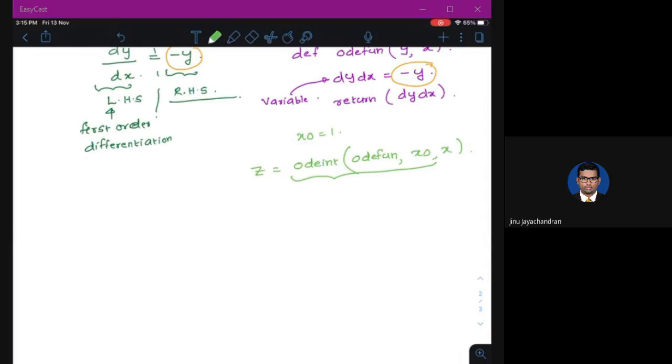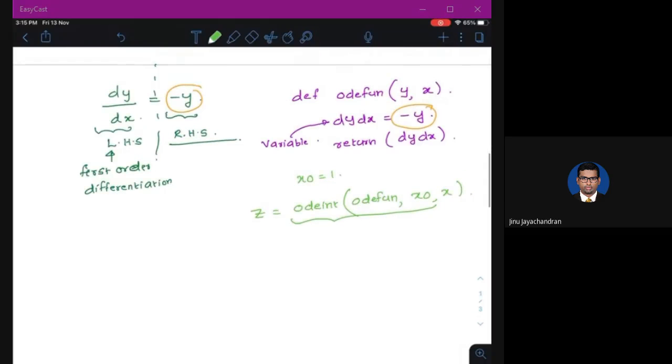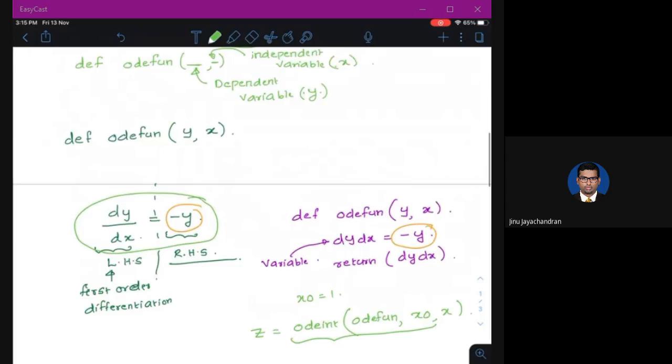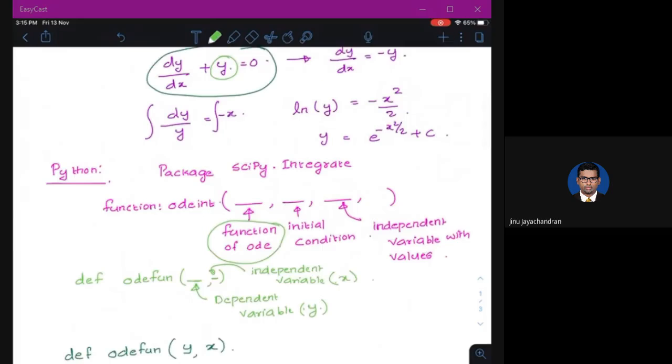Okay. So if you do integration of this, or you solve this function, basically you should get some value of z, and whatever value you get, that will be in terms of x squared by 2. So this is your solution, right?